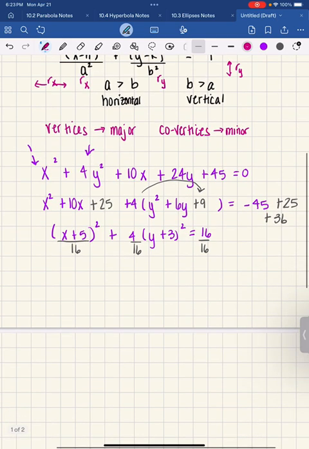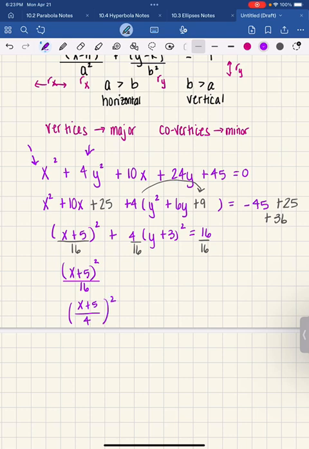So I'm going to write this as, two ways you can write it. You can write it as x plus 5 squared over 16, or if you prefer, you can write it as x plus 5 over 4 squared. Either way is okay. I don't care which way you write it. I tend to write it the second way, whatever.